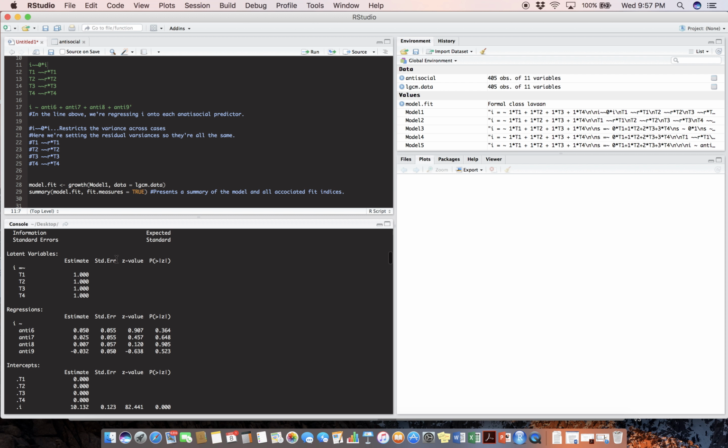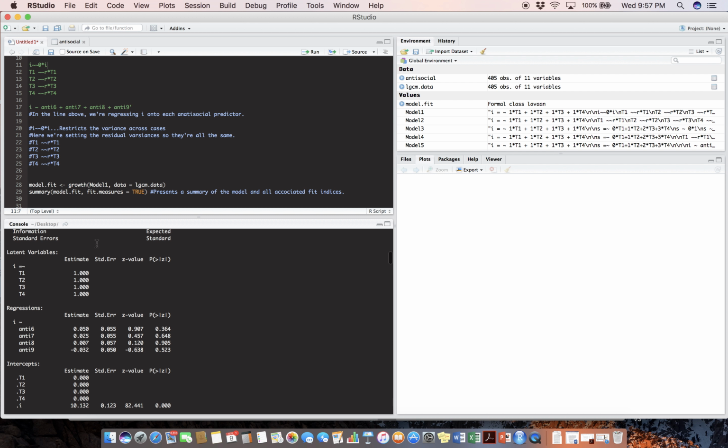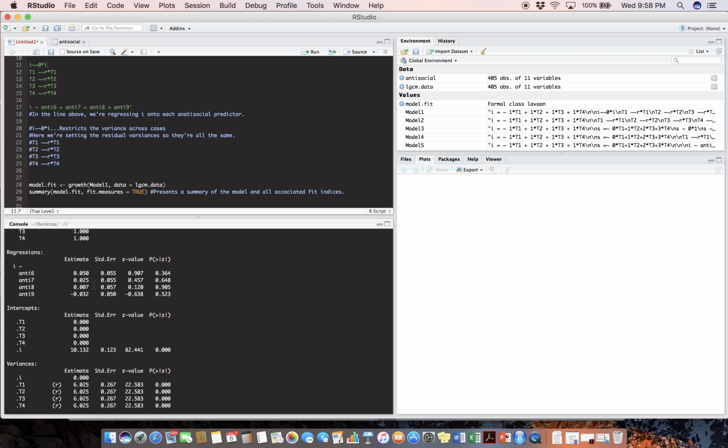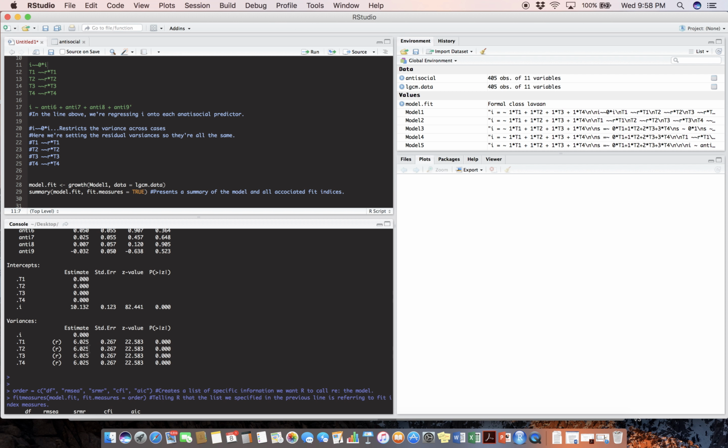So we've already had our mean estimates restricted to 1. That's what multiplying them by 1 did for us. Then we restricted our variances, so our residuals are all the same value, and our intercept variance is restricted to 0.